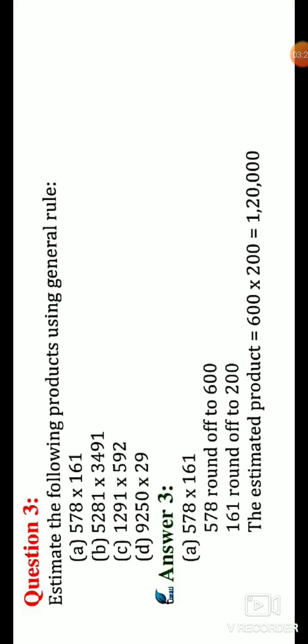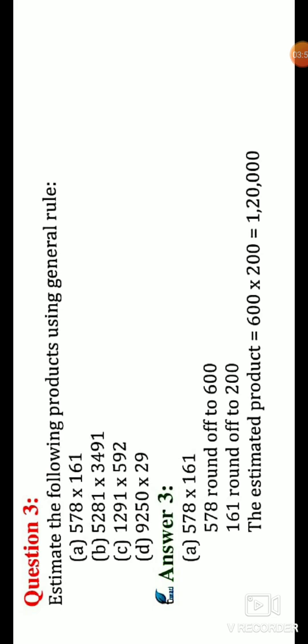So write 12 as it is. Therefore 1,20,000. The estimated product of 600 into 200 is 1,20,000. In this way you have to find the estimated products of the given numbers using the general rule.